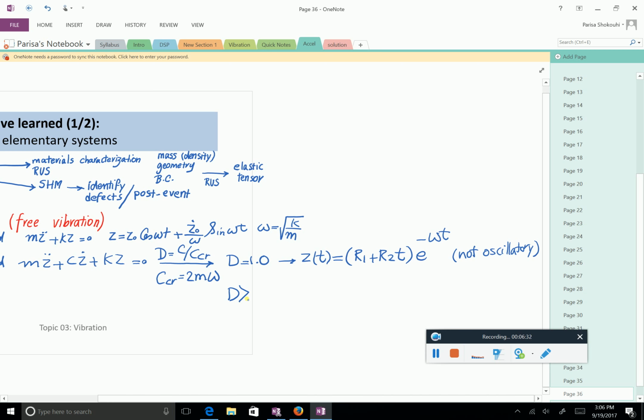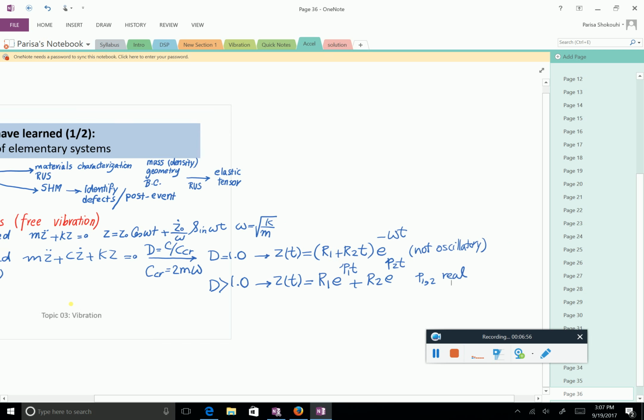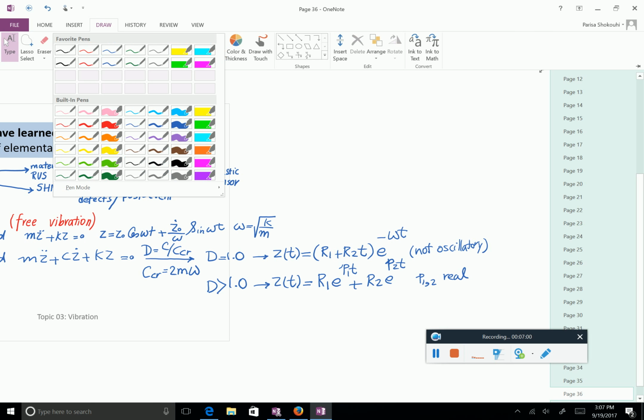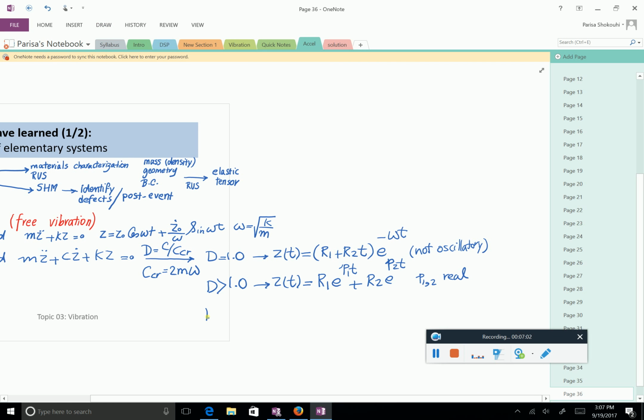Another similar case is when it is overdamped, and in that case it's also not oscillatory. You get basically two exponentials, but the exponents are real. There is no oscillation.